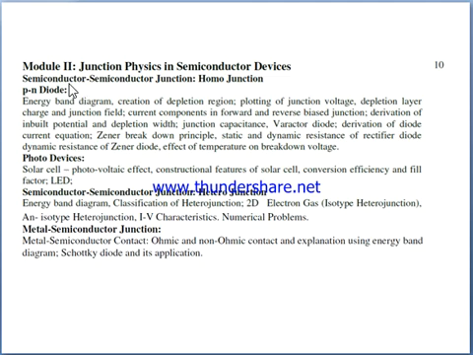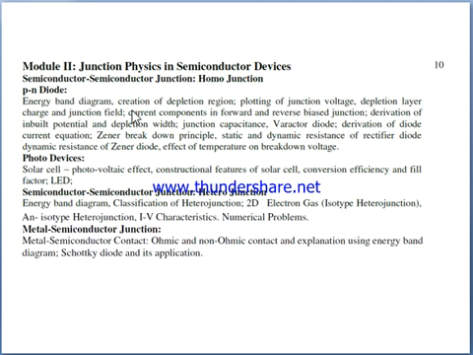First is the semiconductor junction, that is the homojunction, which we have already discussed.